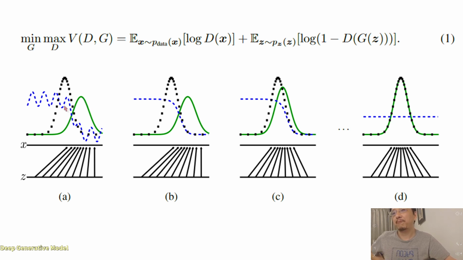Initially the discriminator is kind of random because it hasn't been trained yet, and the green curve is definitely different from the black curve. After some training, because the discriminator is simply a binary classifier, it can train really quickly, so we expect it to have a nearly optimal result. You can see it has a good behavior right here.